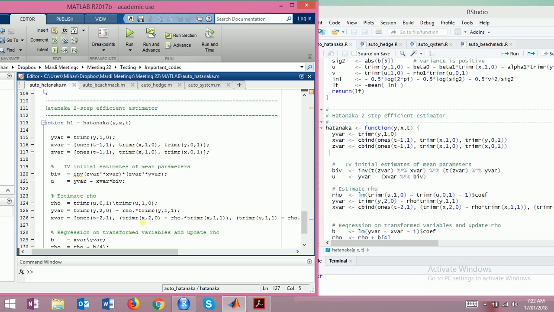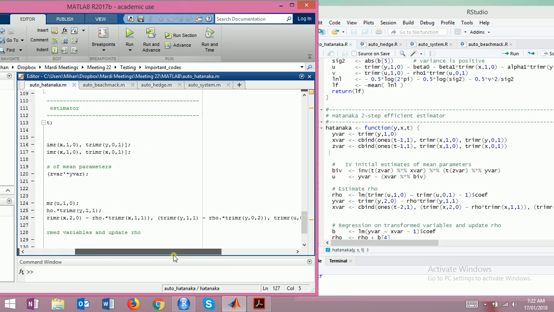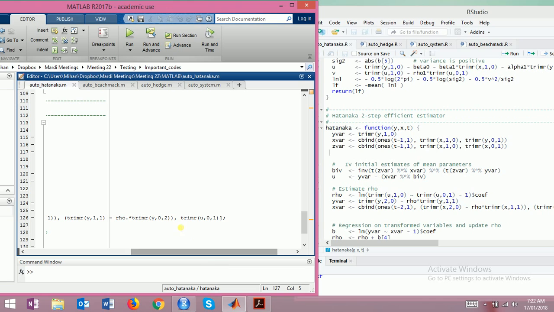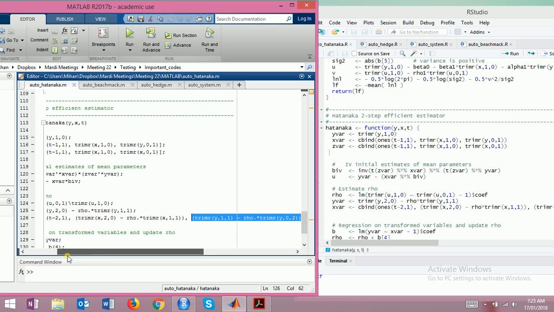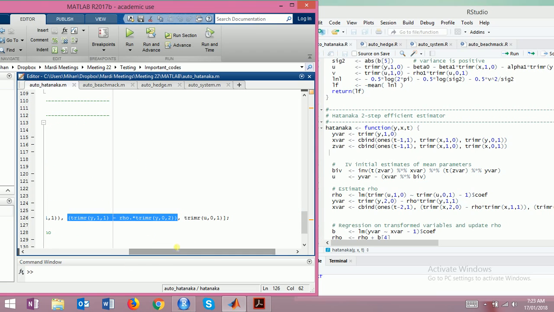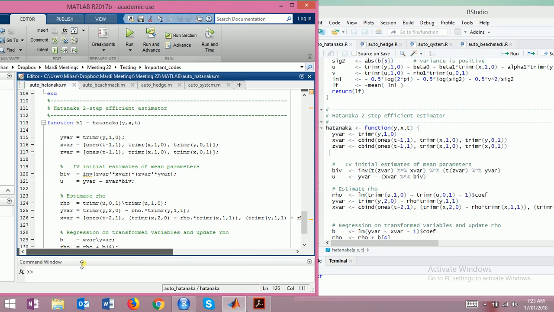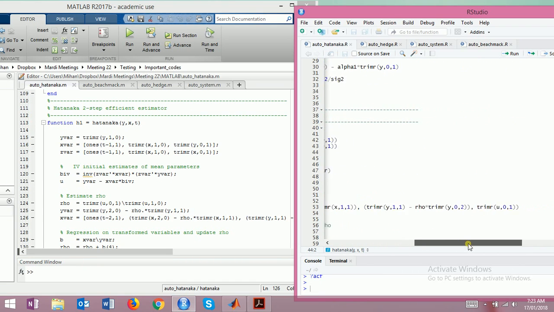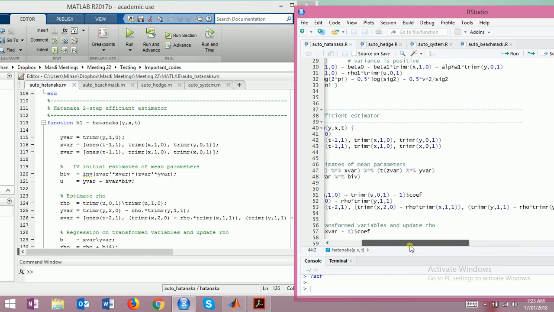Then we have similar to this y bar, we have x fixed, x estimated. Then we have trimmer y11 because we already did yt minus 2 minus yt minus 1. Here yt minus 1 minus yt, trimmer y02, and then finally trimmer residual u01.